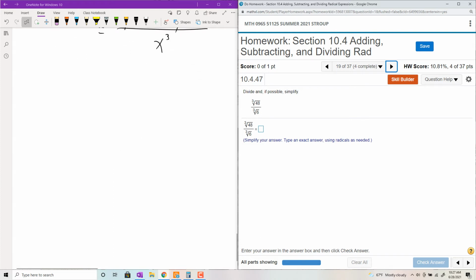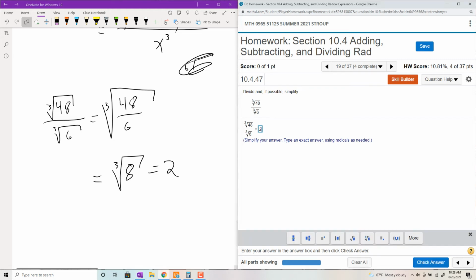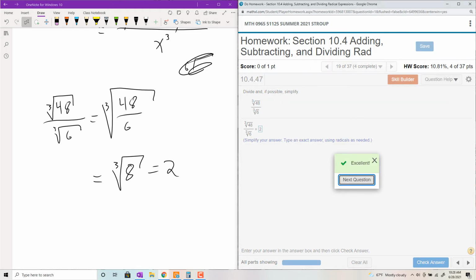So let's try that. Okay, and then you simplify, so you got 48 all over 6. Oh, geez, it's just 8, the cube root of 8, and then that's 2. So that one simplifies pretty well. Yay.